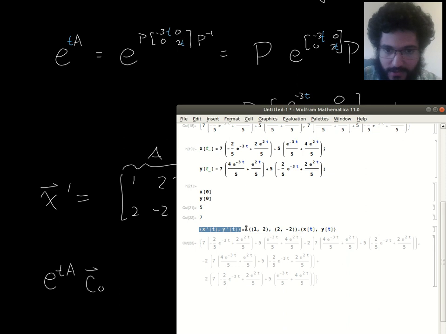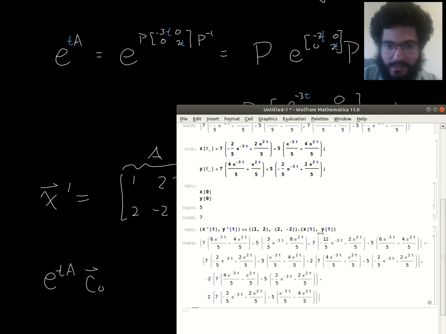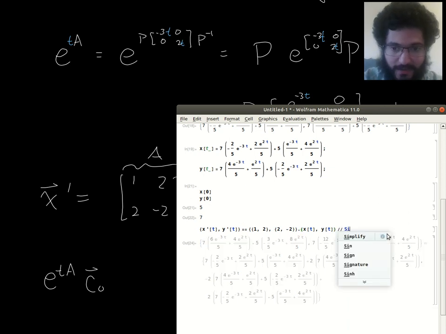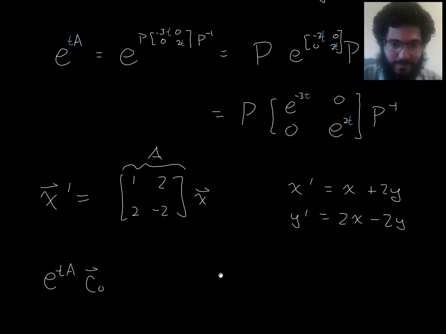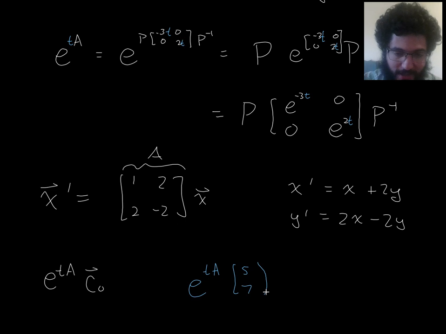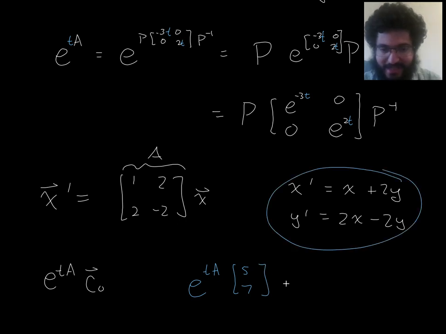The derivative should equal the matrix applied to them. So let's test that. Okay, so it gives me a bunch of complicated stuff, but if I simplify it down, it says, yeah, that's actually true. So what we're seeing is e to the tA applied to 5, 7 really is the solution to this that starts at x of 0 equals 5 and y of 0 equals 7.